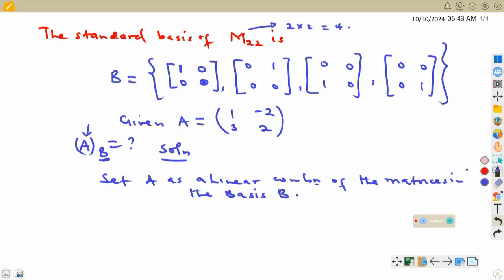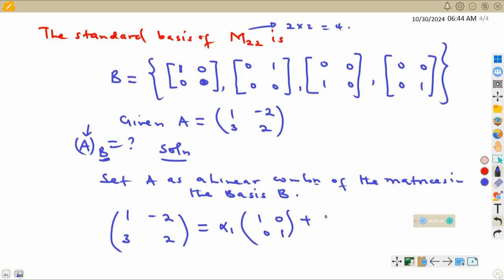That will give us A, which is 1, negative 2, 3, and 2, equal to alpha 1 into 1, 0, 0, 1, plus alpha 2. We are making A a linear combination of these matrices in the standard basis.